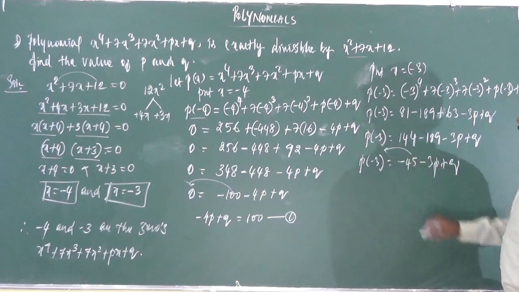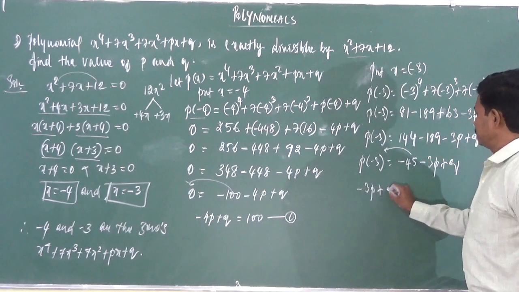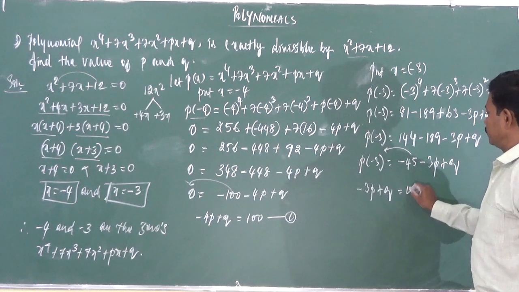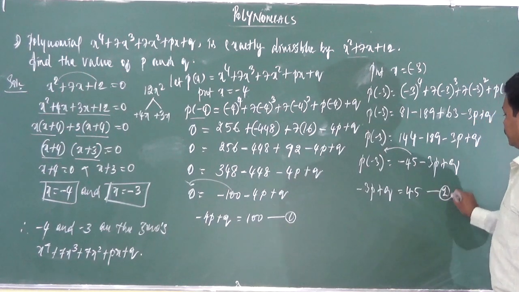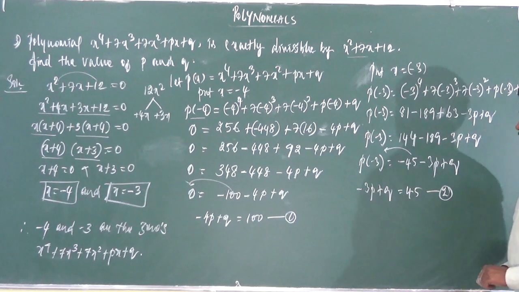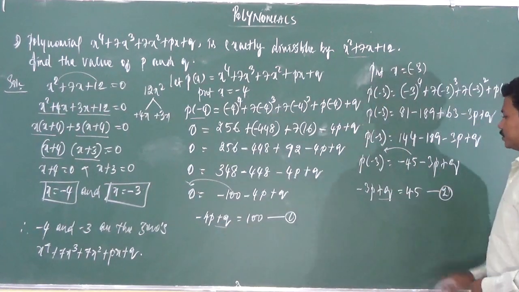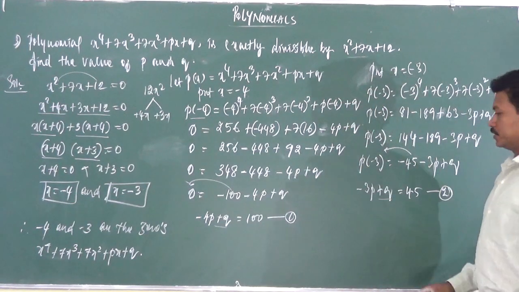We'll transpose this minus 45 to LHS, so that becomes minus 3p plus q is equal to 45. Let us take it as equation 2. So let us solve both the equations. Here we have plus q and also here we have plus q, so we will subtract the equations.